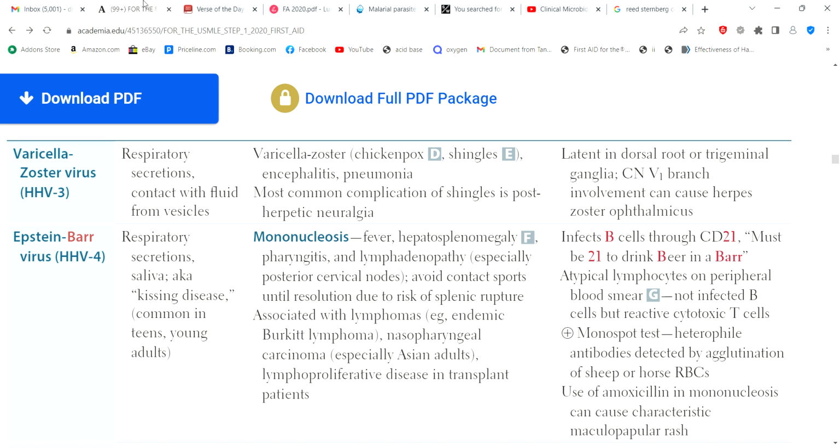Heterophile antibodies detected by agglutination of sheep or horse RBCs. So basically, the sheep or horse RBCs will clump together.